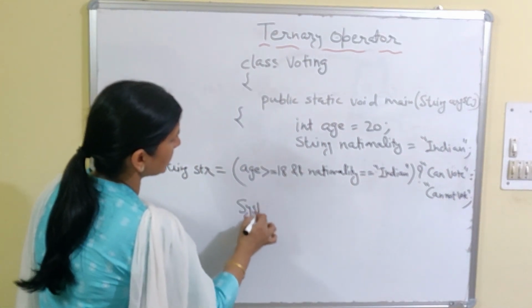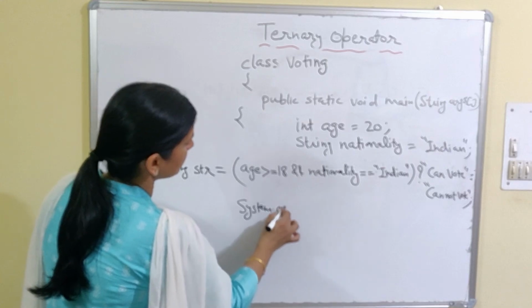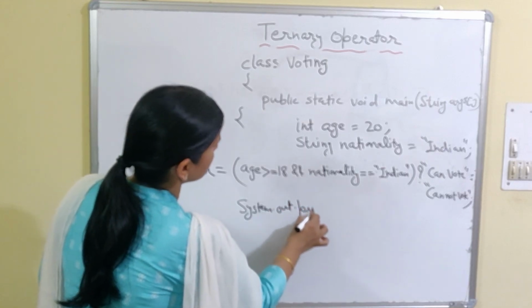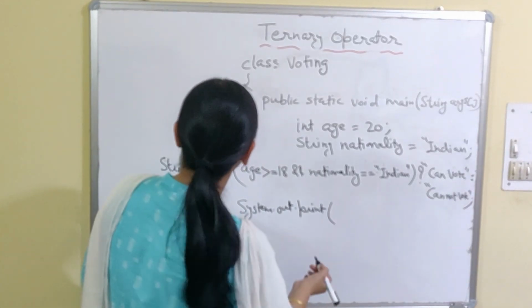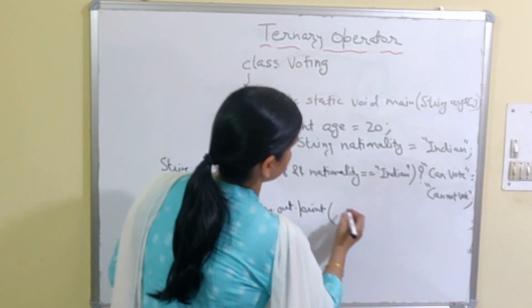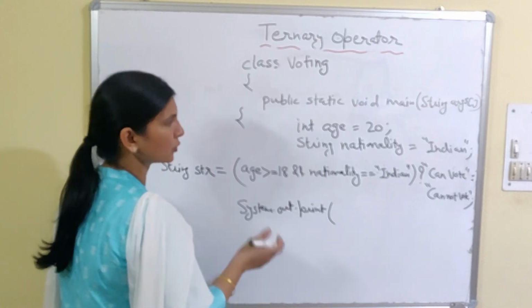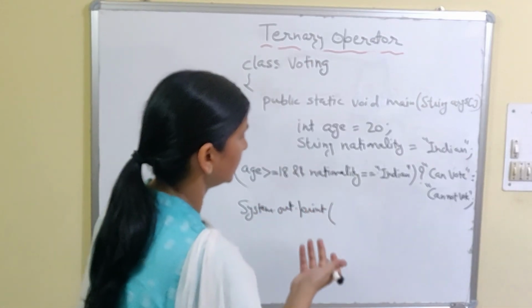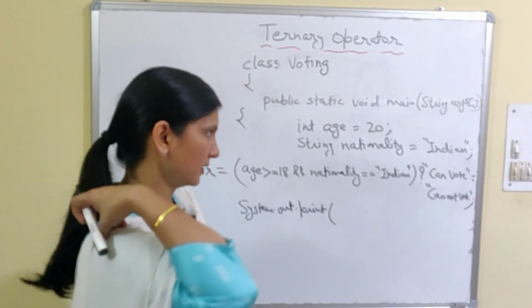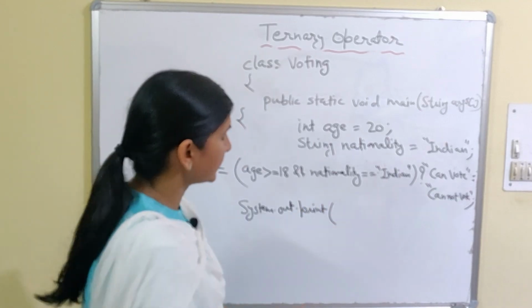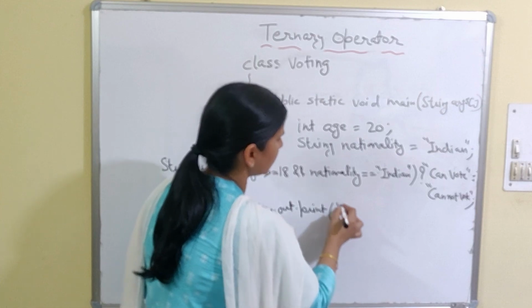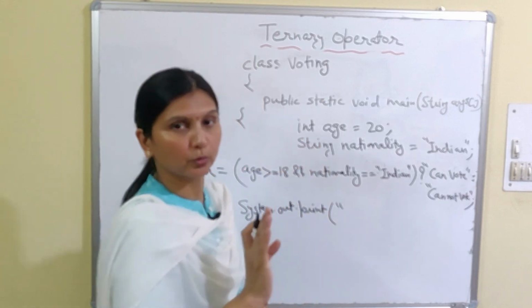And how will you display? System dot out dot print. He or she can vote. You can use that, or any name also. If in a program any name is given, whether Rohit has the right to vote, then you can use any name if it is given in the program.